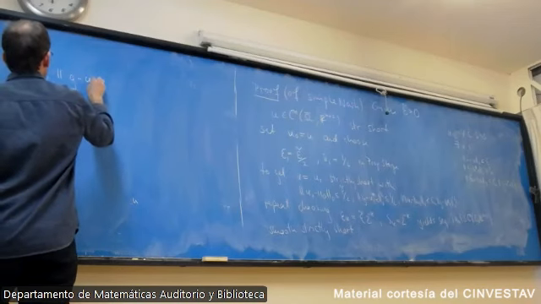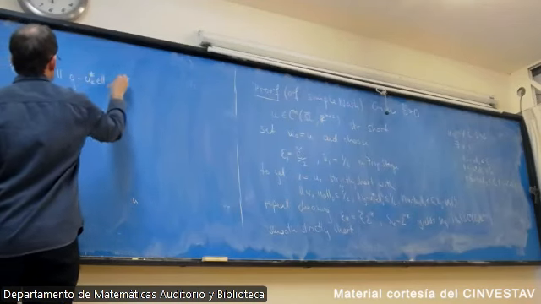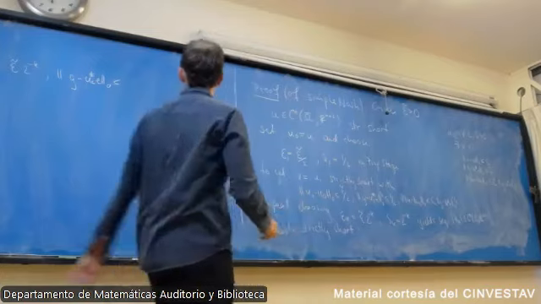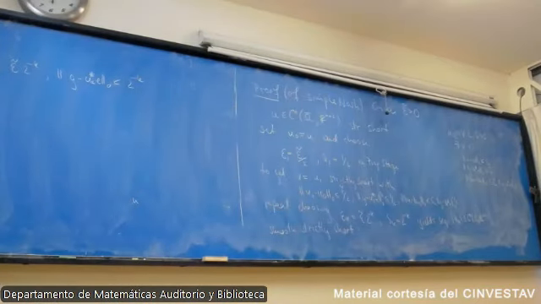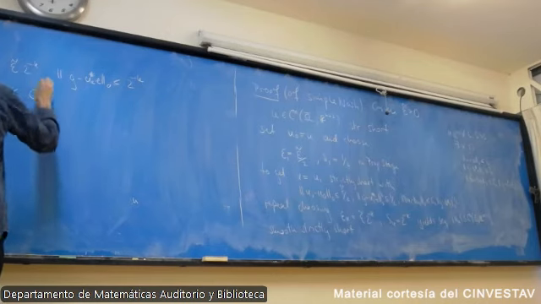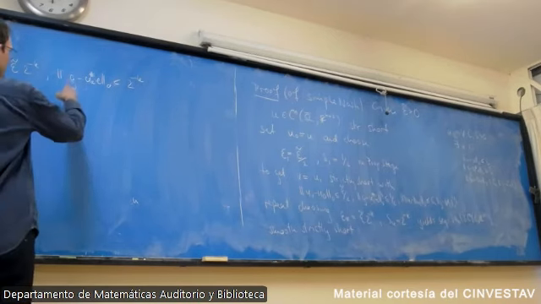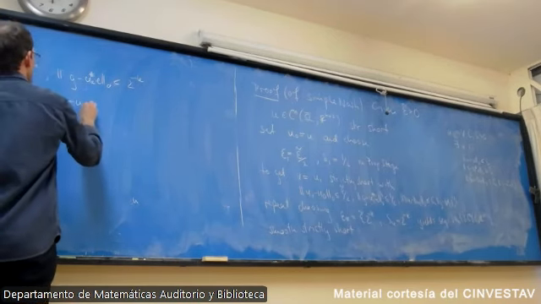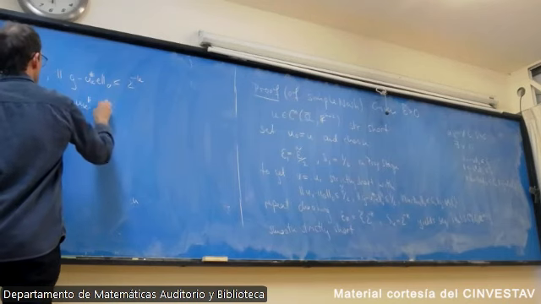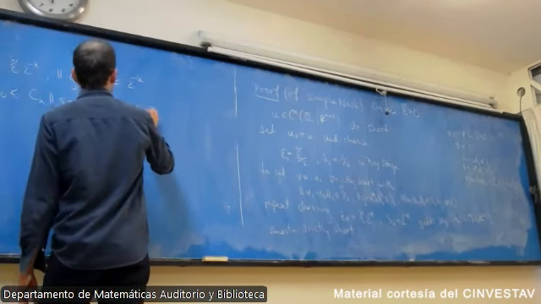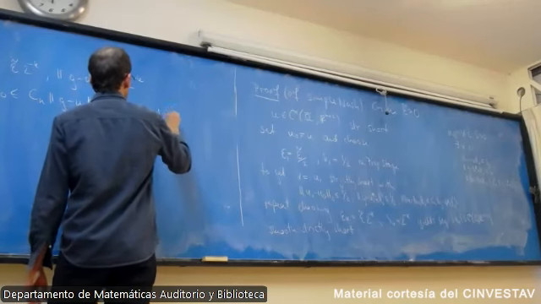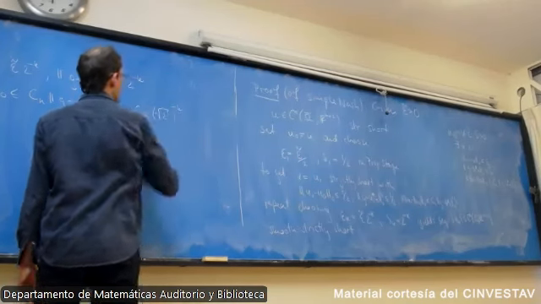G minus u_k star e is less than or equal to delta_k, which is 2 to the minus k. And du_k minus du_{k-1} is less than or equal to a constant which only depends on n. This is very crucial. It doesn't depend on u_{k-1}. And now the square root of G minus u_{k-1} star e is simply C_n times the square root of 2 to the minus k.